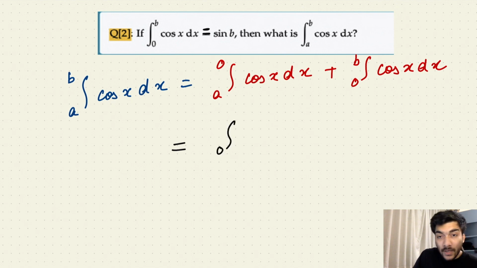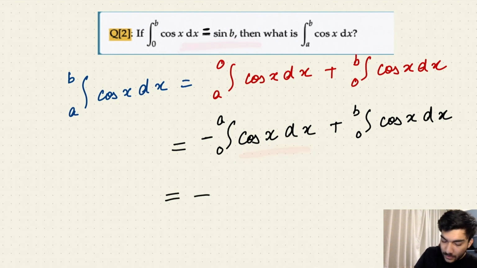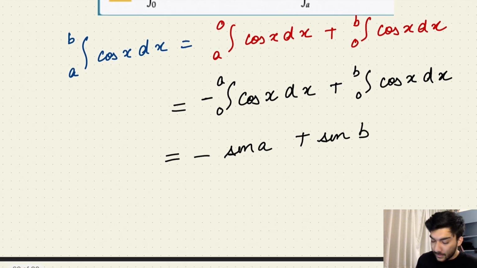So we know that if we take the integral from 0 to a in this case, we'll have to negate this definite integral, right? So it would become negative of integral 0 to a cos x dx plus integral 0 to b cos x dx. And this expression we know, based on this formula, would be sine a in this case, and the second portion would be sine b in this case.